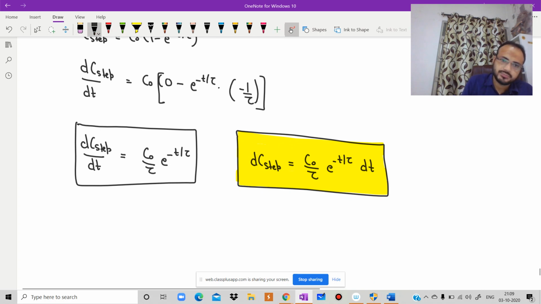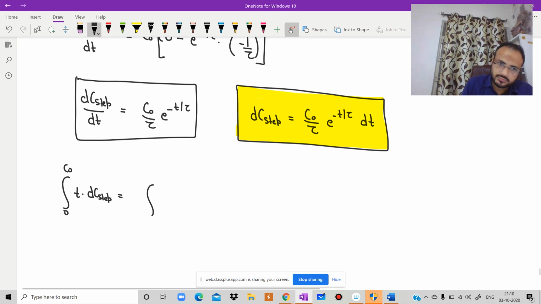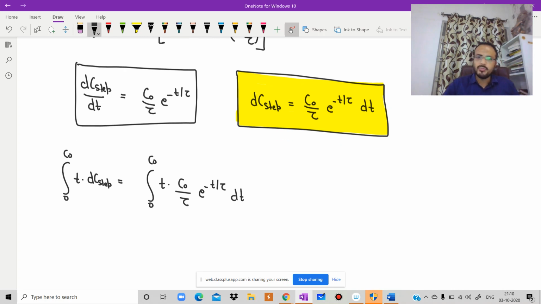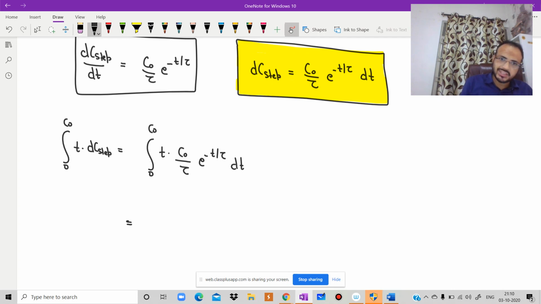Now you need to calculate the integral from 0 to C naught of t into dC step, which is equal to, putting in the value, the integral of t into C naught by tau e to the power minus t by tau into dt. I hope now you are good at math. Then take C naught and tau outside, as both are constants.